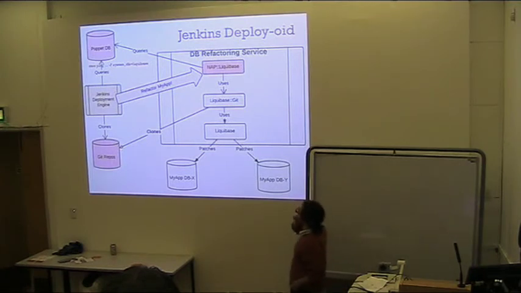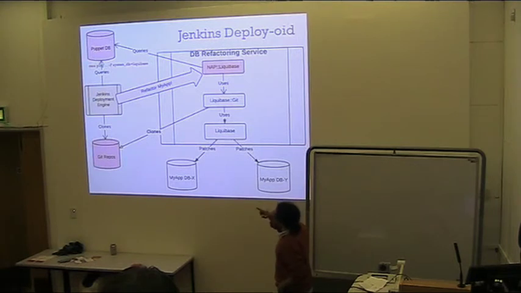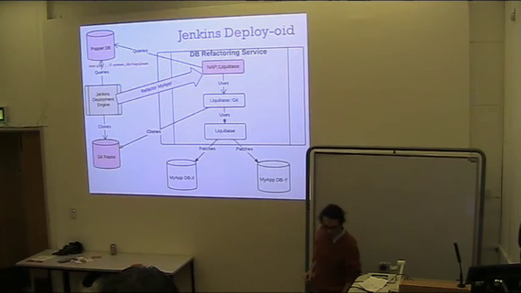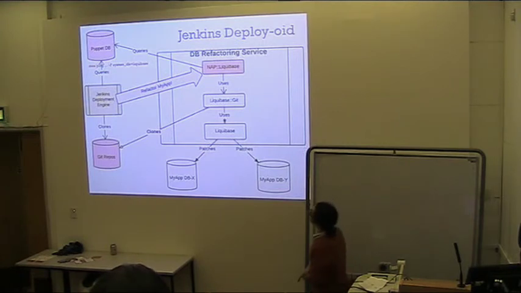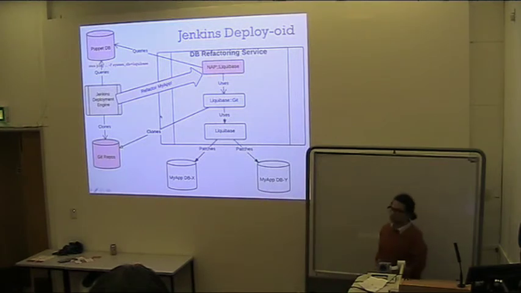It says, I'm about to deploy to live, so first I'm going to ping the Puppet database and ask which boxes that is for. It then calls Liquibase and says, please update the patches, or the database refactoring, for that box, the live box.